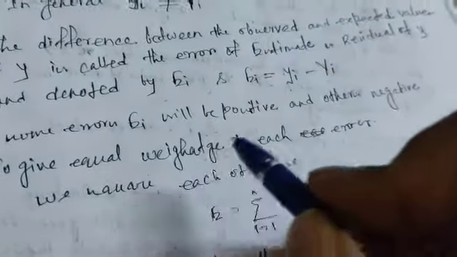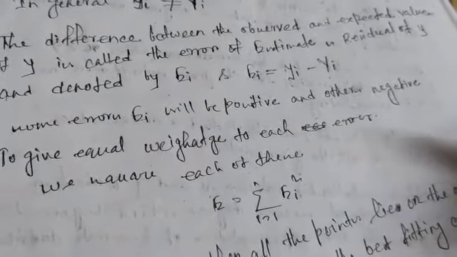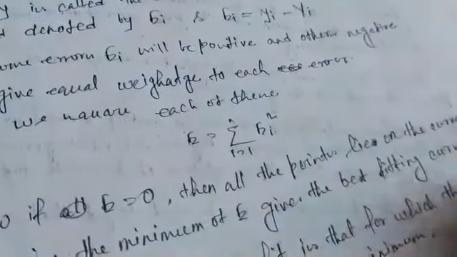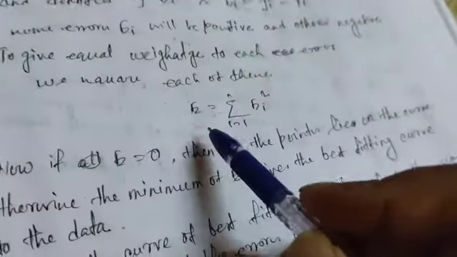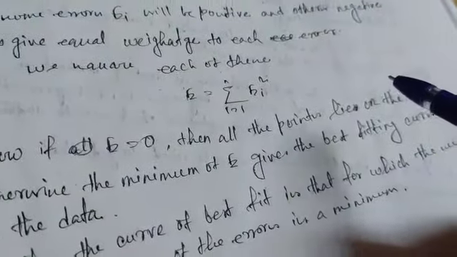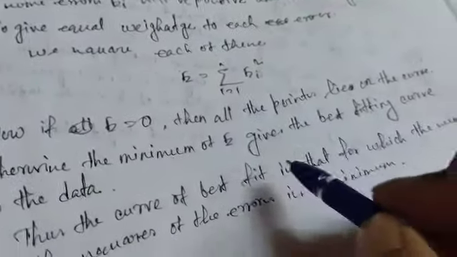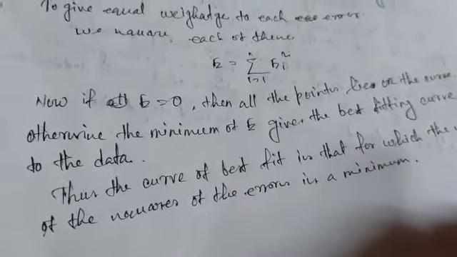Some errors ei will be positive and others negative. So to give equal weightage to each error, we square each of these. So we get E equal to the sum of ei squared, for i equal to 1 to n. If E is equal to 0, that means there is no error, then all the points lie on the curve; otherwise the minimum of E gives the best fit curve to the data.